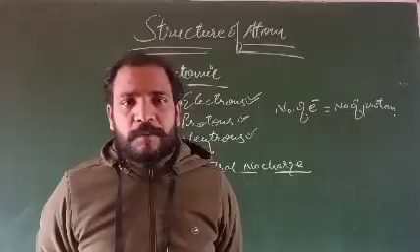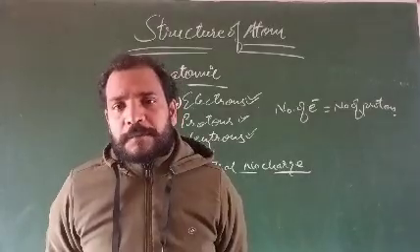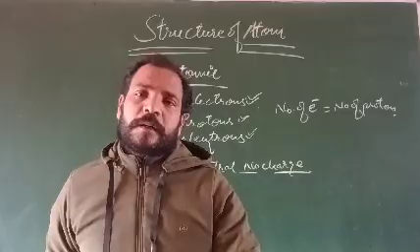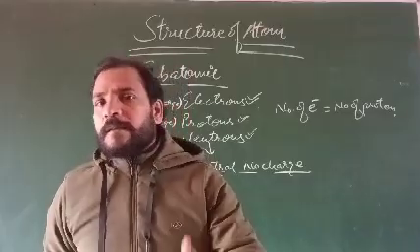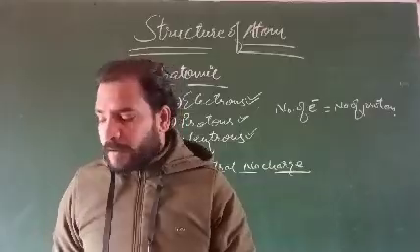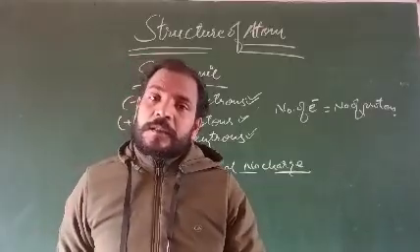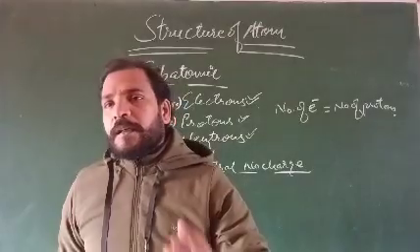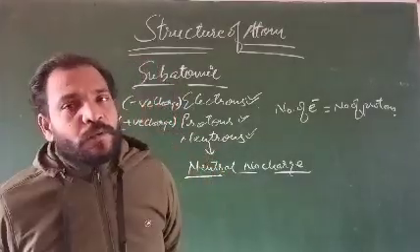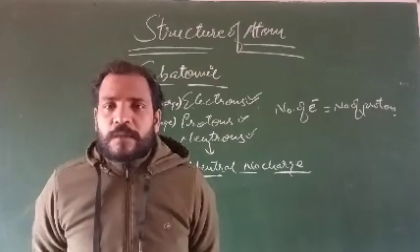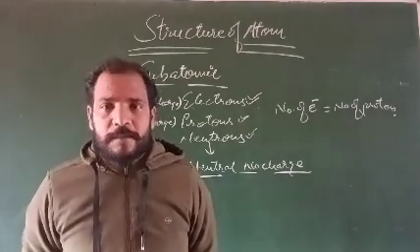Here in this chapter we will discuss subatomic particles like the electron, proton and neutron, and the structure of the atom. Before that, we will learn about the discoveries of the electron, proton and neutron. The discovery of the electron is also known as the discovery of cathode rays.